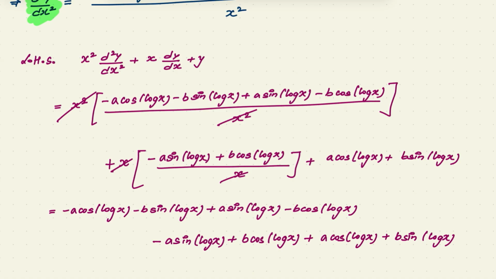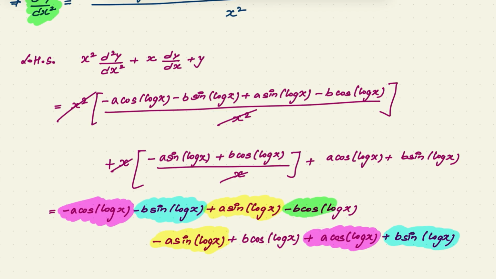Now here you see that this minus a cos log of x and plus a cos log of x gets 0, minus b sine log of x plus b sine log of x gets 0. Similarly, plus a sine log of x minus a sine log of x gets 0, and at last minus b cos log of x and plus b cos log of x gets 0.